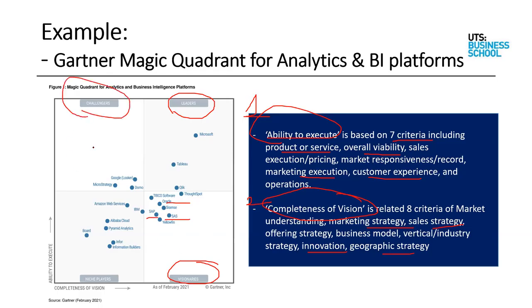Then there were the challengers, that is MicroStrategy, Google, Domo, and then there are the niche players, which included Amazon services, Alibaba, and other companies. So it doesn't matter how many attributes you are checking with the consumers, you are able to reduce these dimensions to just 2 dimensions, and that is a good part. It's a very powerful, very useful tool.